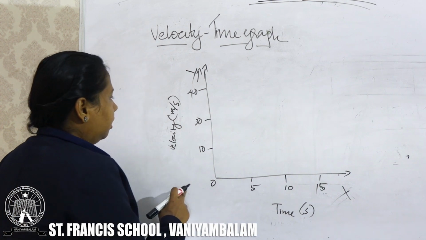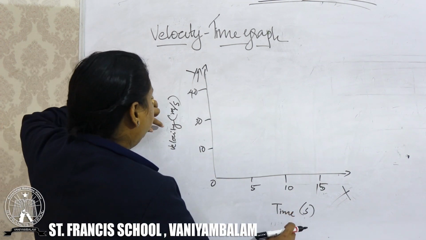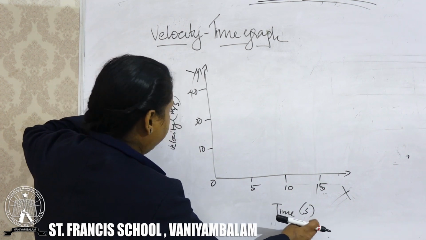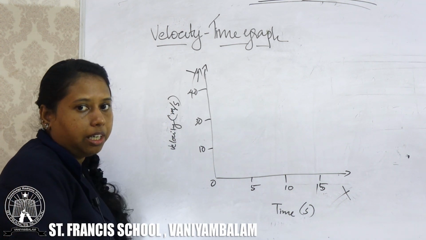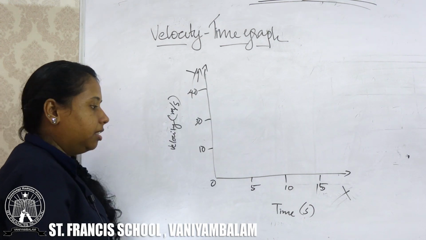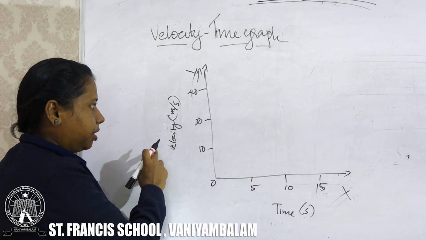Okay, so now we are studying the velocity time graph. The time is the independent value, and the velocity is the dependent value, which we are giving on the y-axis. The time and the velocity.